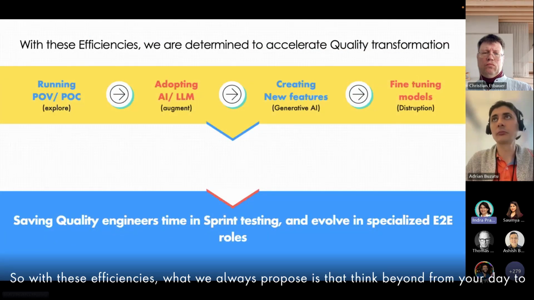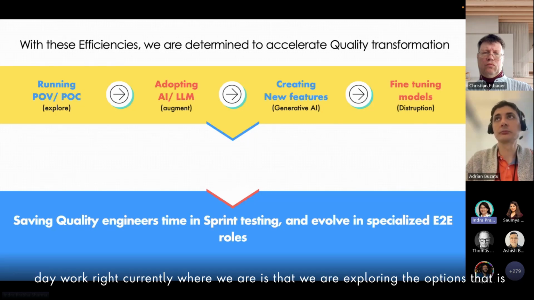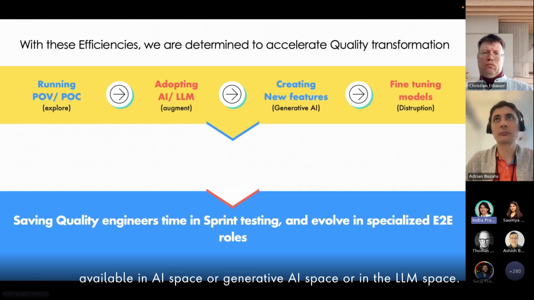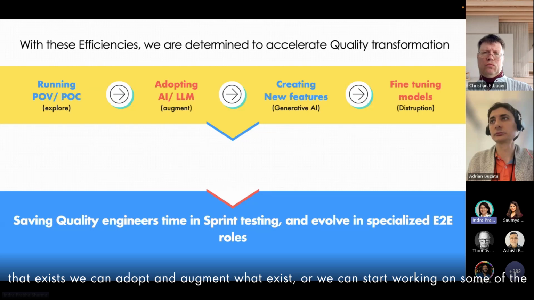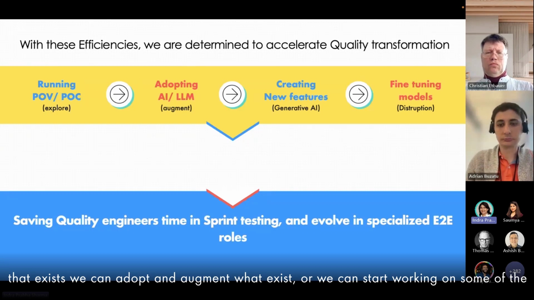So with these efficiencies, what we always propose is that you think beyond your day-to-day work. Currently we are exploring the options available in the AI space, or generative AI space, or the LLM space. So choose how we want to go: we can run what exists, we can adopt and augment what exists, or we can start working on some new features.